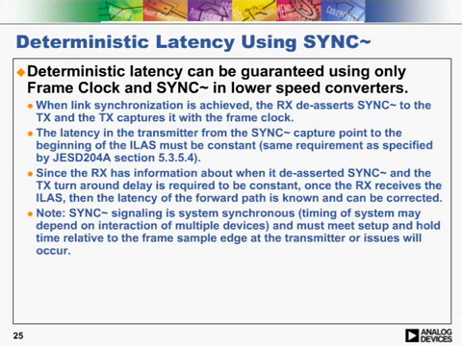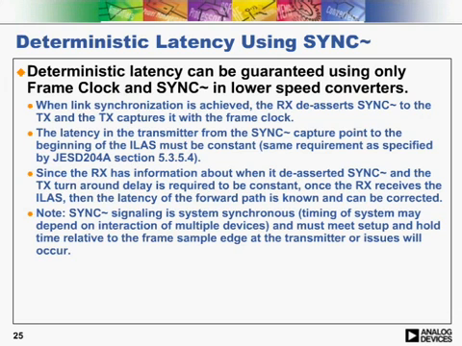For converters operating at speeds of less than 500 megasamples per second, the sync bar signal can be used to guarantee deterministic latency. Once the link synchronization has occurred, the receiver will deassert sync bar. The transmitter will capture this event with the frame clock. The latency in the transmitter from the point that it captures the sync bar until the beginning of the ILAS must be constant.